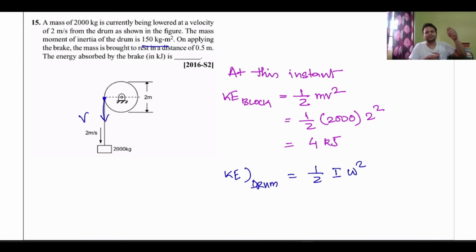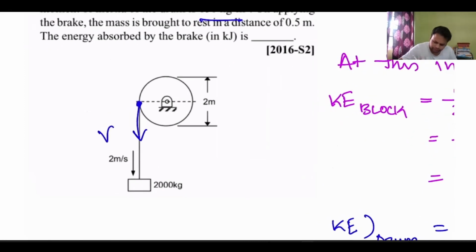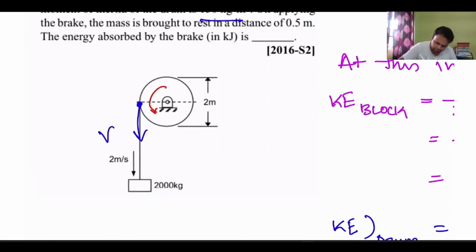The string is inextensible, so the velocity with which the mass is coming down will be the same as the peripheral velocity of the drum. If this velocity is v, then v equals omega times r. The diameter is given, so R is 1 meter.